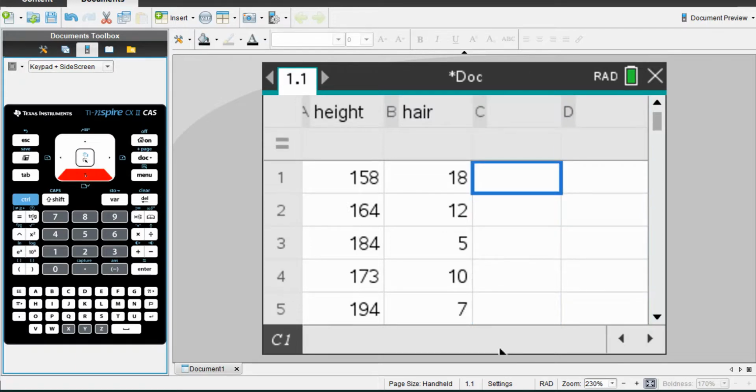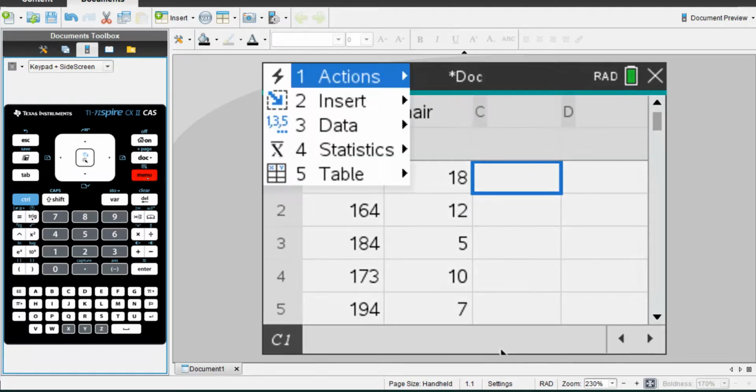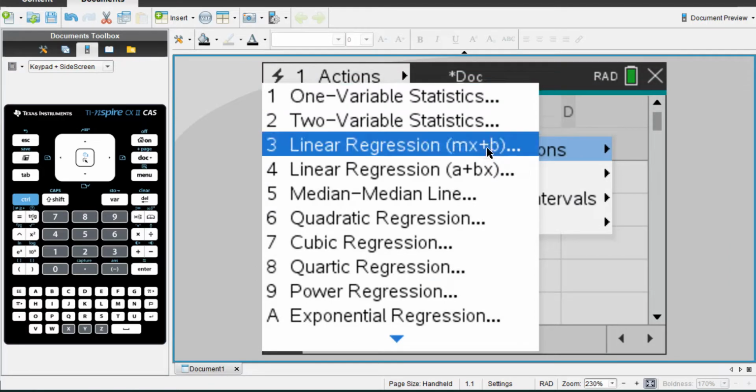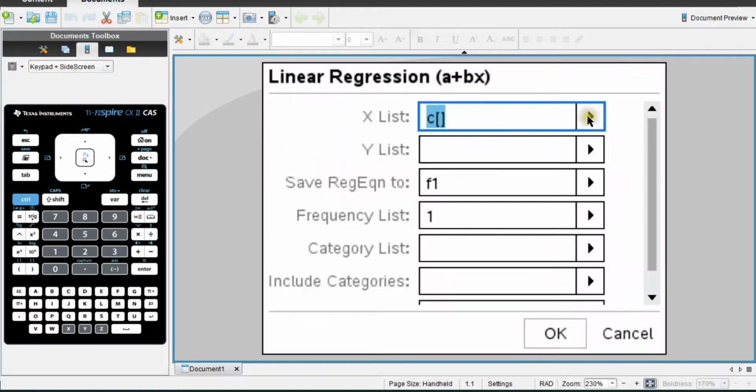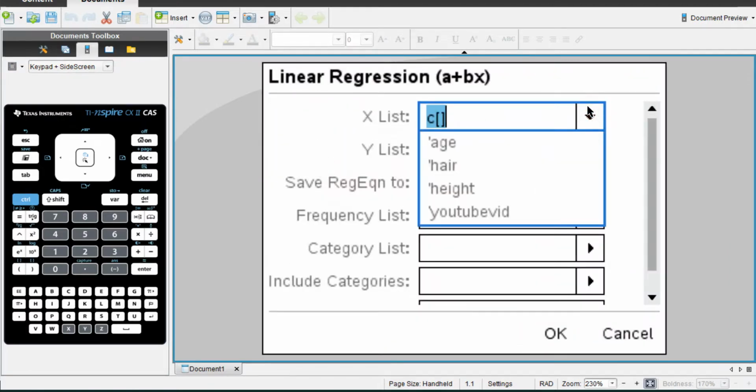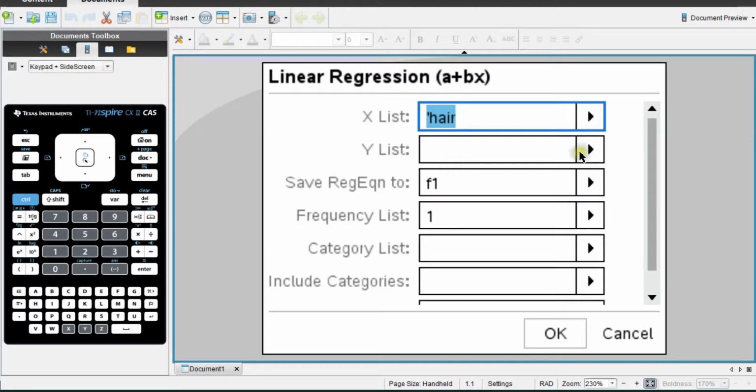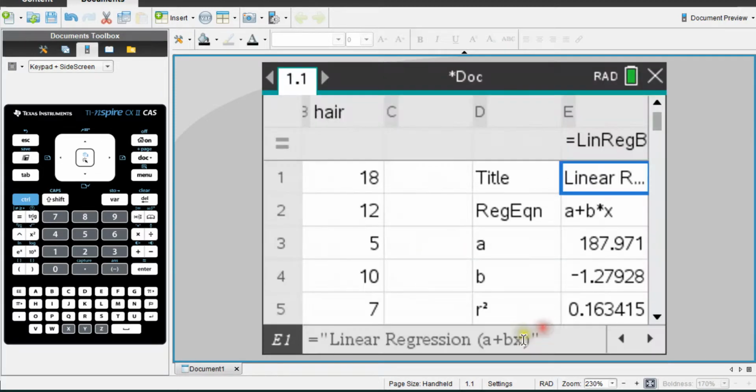Firstly, identify which is EV and which is RV. Remember, EV is X, RV is Y. EV affects the RV. So go from menu, number 4, number 1, number 4, and then understand which is EV, which in this case I think we said was hair, and then your RV is going to be height.